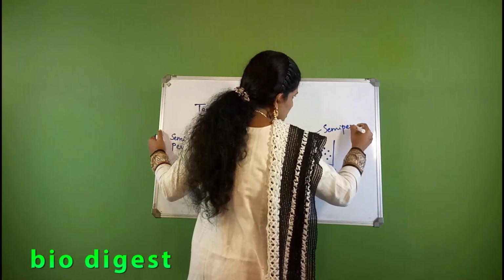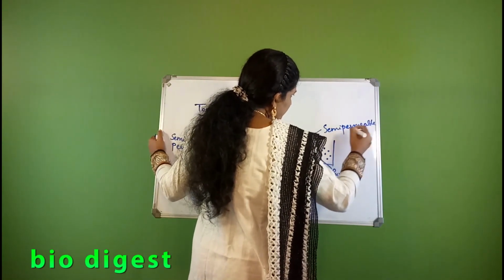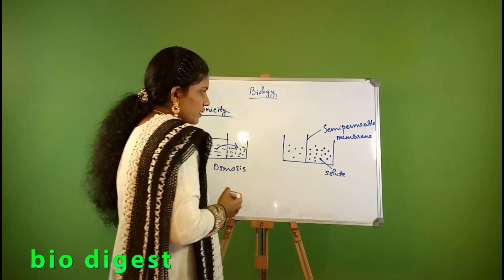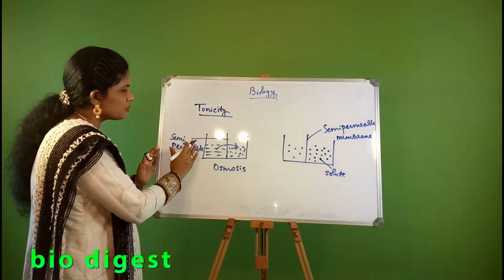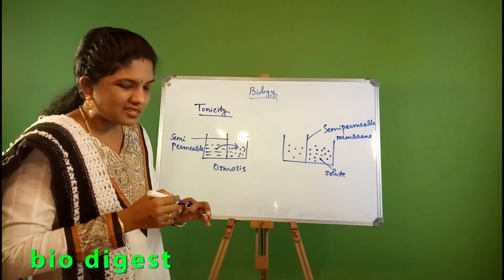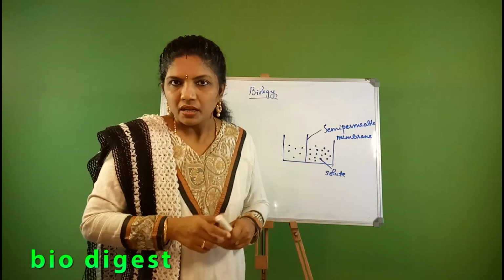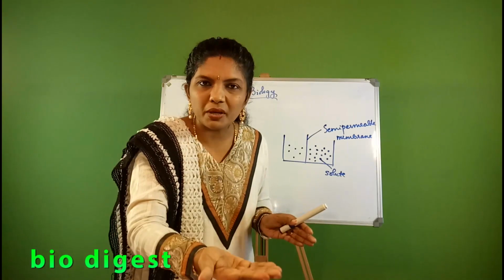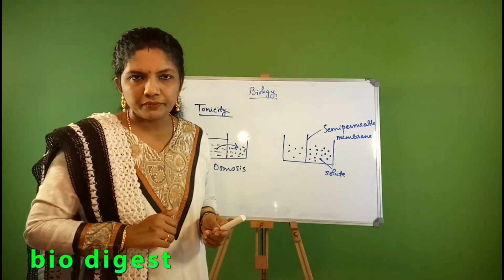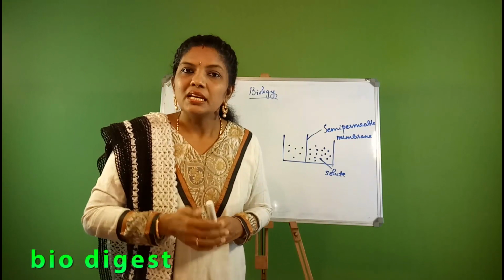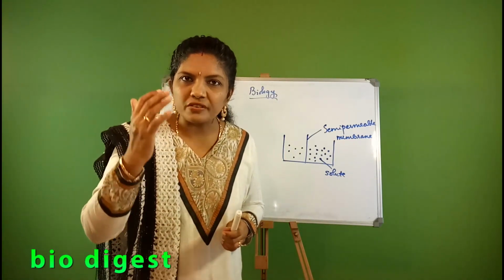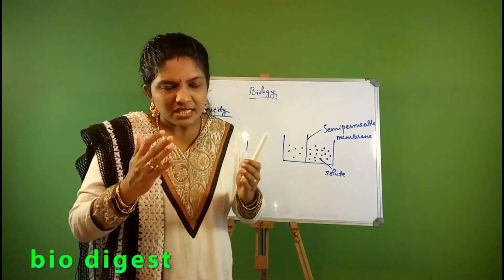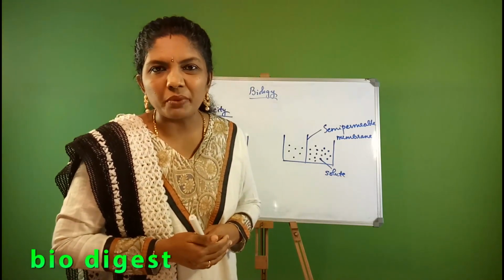That is what is known as tonicity. Okay, so I hope the difference between tonicity and osmosis is clear to all the students. In osmosis, it is the diffusion of water molecules across the semi-permeable membrane that is considered. Whereas in tonicity, the relative concentration of solutes in two different environmental conditions separated by a semi-permeable membrane is taken into consideration.